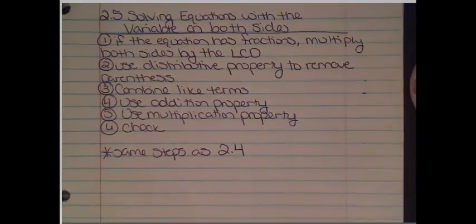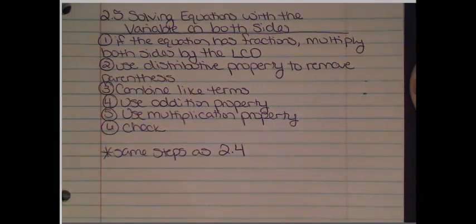So hopefully this homework and these quizzes will be relatively simple in that you've already had some practice whenever you did the homework and quizzes for 2.4. Okay, so let's just dive right in to an example problem so we can see what we're doing.